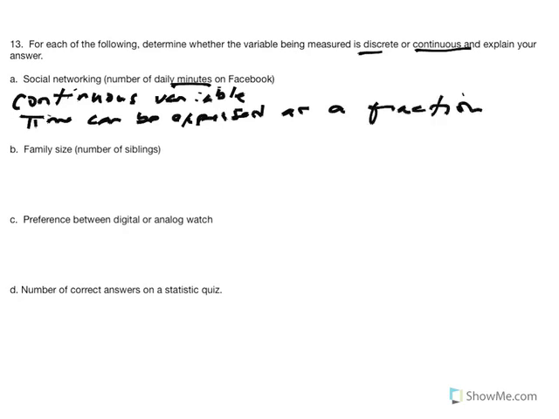Okay. The next one, we are looking at family size, number of siblings. So we look at a family and identify how many siblings exist in that particular family. It is a numeric value. So for instance, one family, there are 5 siblings. Another family, there are 2 siblings. In another family, there are 0 siblings, an only child situation. So again, it is a numeric value, but we are prohibited from expressing that as a proportion.